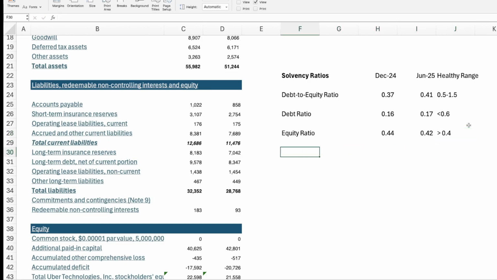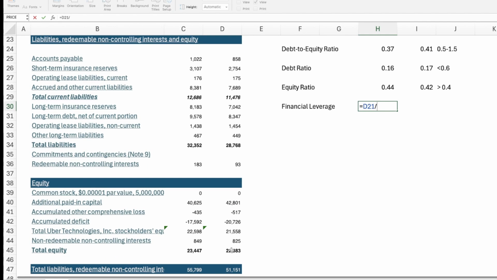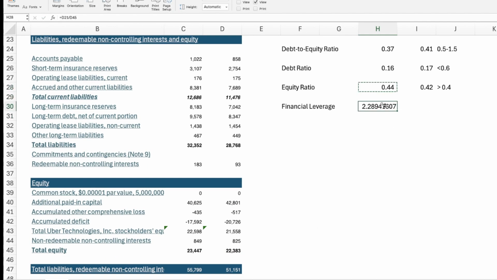So the final one, the financial leverage, is your total assets divided by your total equity. So for 24, total assets divided by total equity: 2.28.